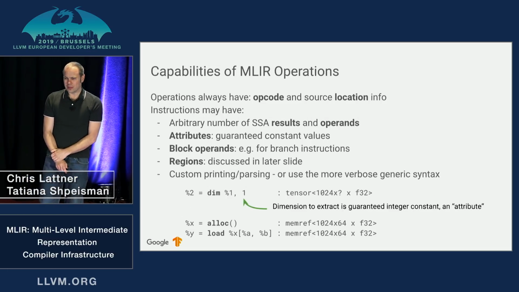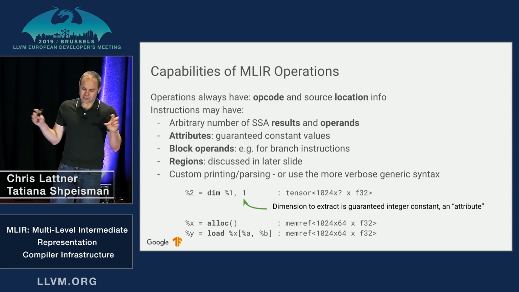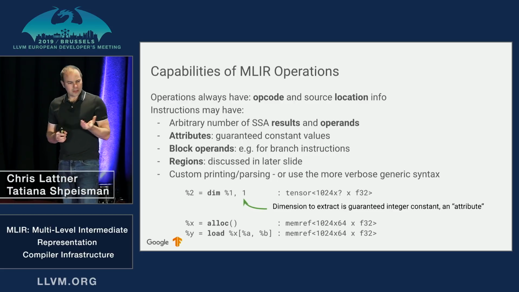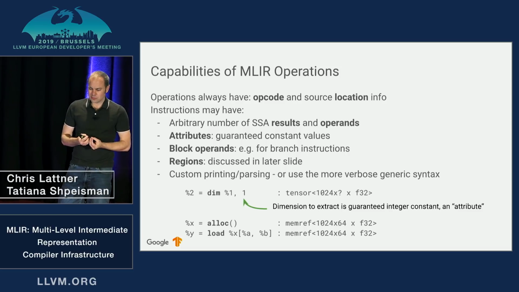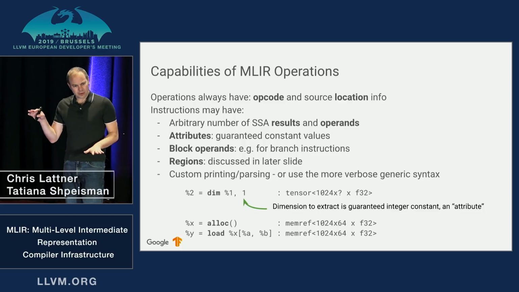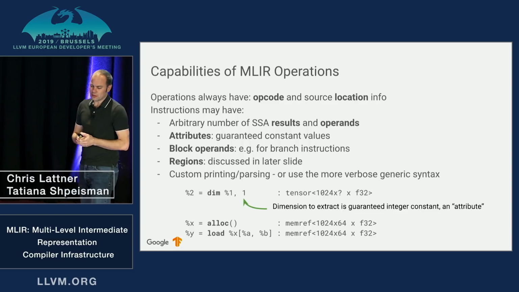So if you look at the way this works out in practice, the operations in MLIR, aka the instructions, have an opcode, and they all have source location information. We'll talk about that later. And so the general unifying principle of an instruction is familiar, I hope. So you have some number of SSA results and operands. So you can have multiple results, which is very nice. It also has operands for branches and things like that, so you can branch to a basic block.